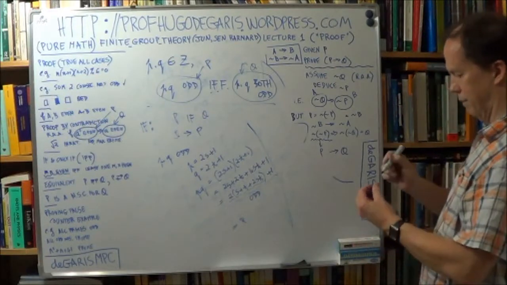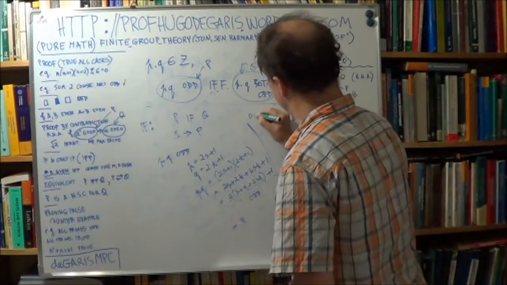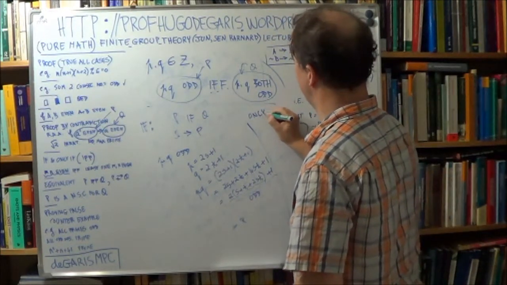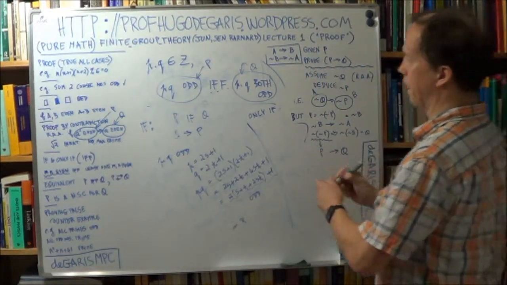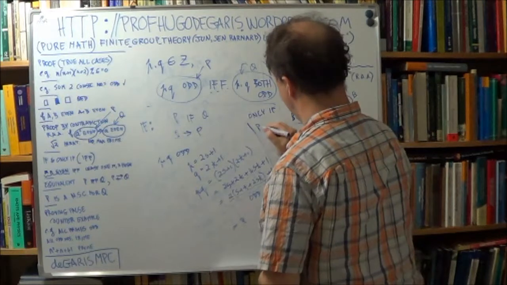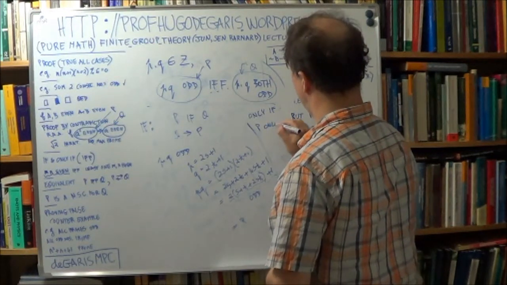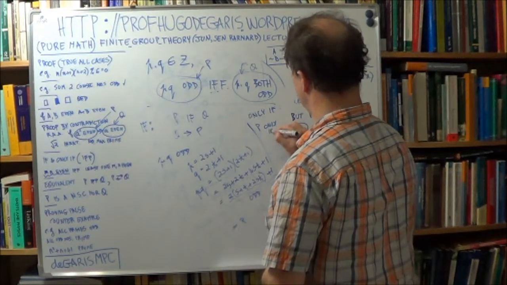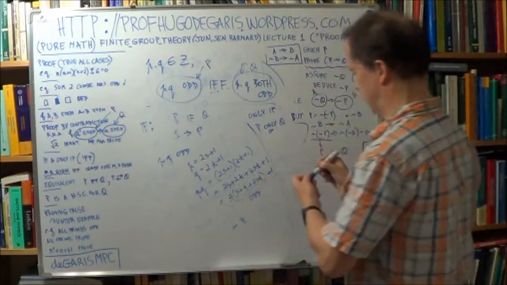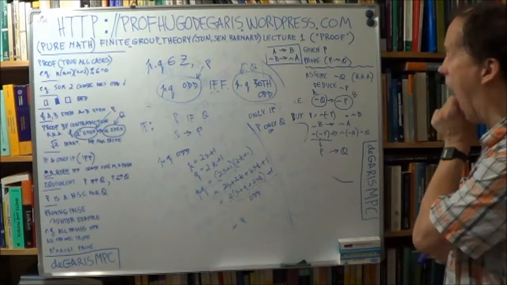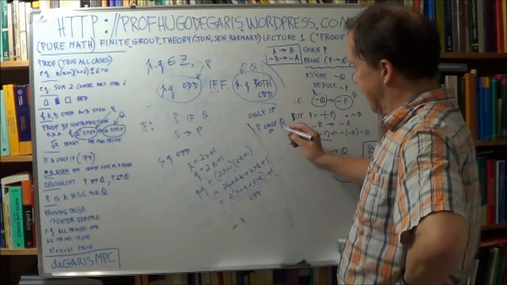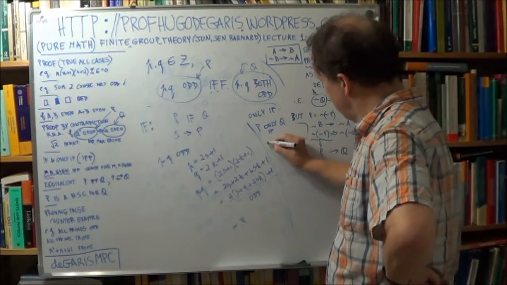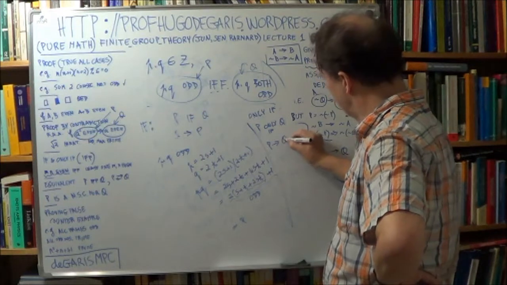Now the other way. Now the only if, the second half. P only if Q, you can rewrite that as: if P then Q. Why is that?